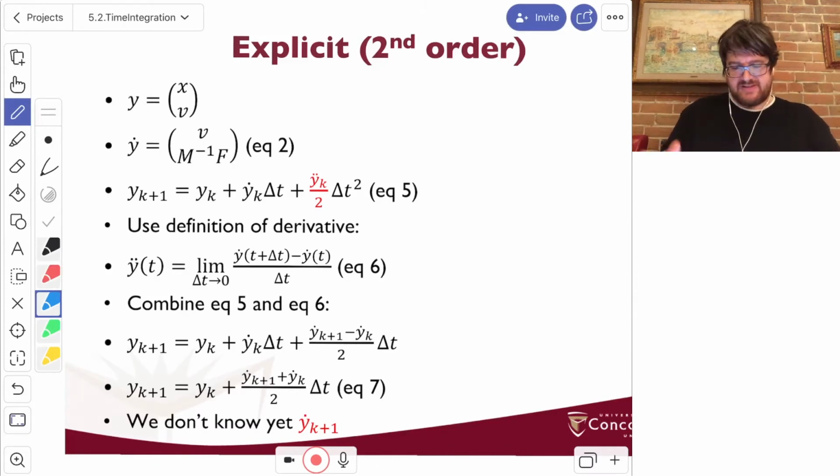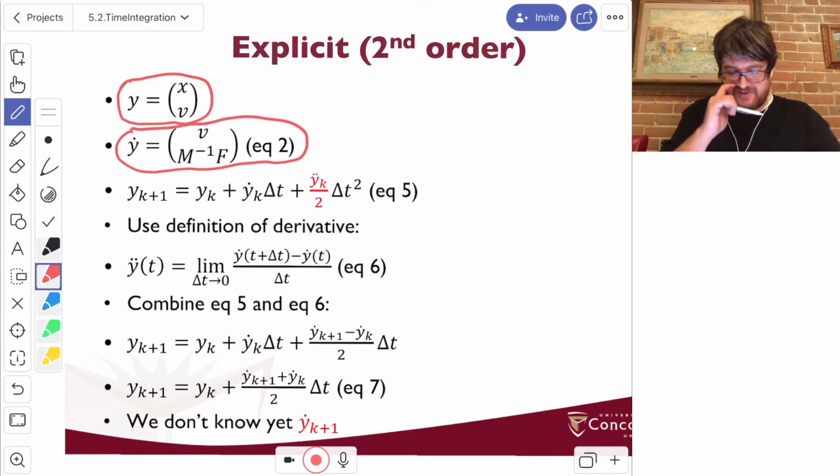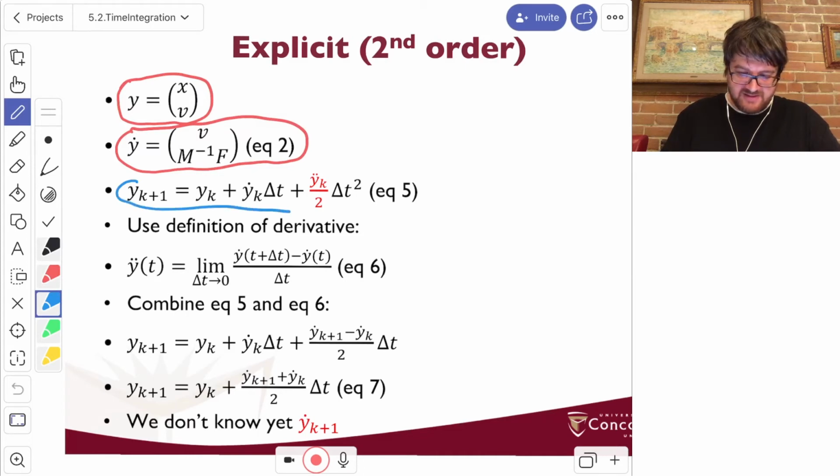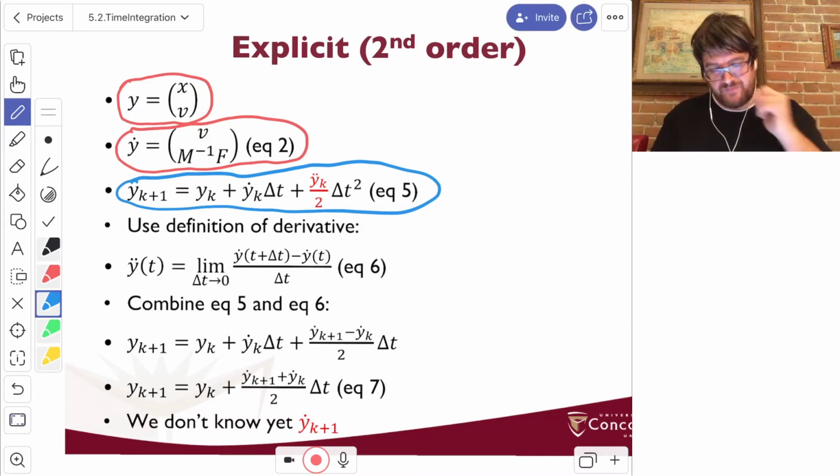First, just to remember, this is y. This is the variable you are solving for, and this is equation 2, which essentially is the main equation that we have to solve. This is the ordinary differential equation, and the third row here is the Taylor series expansion cropped after the second derivative term.